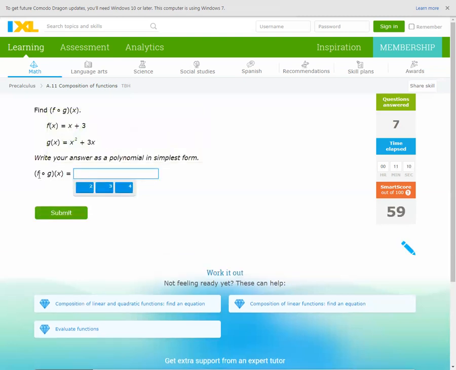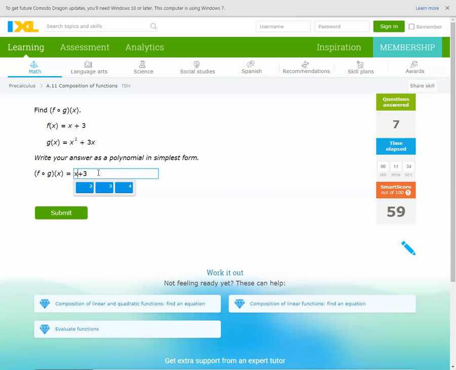New problem, also the same, f circle g. First, writing x plus 3, the rule of f, and then replacing x by g, and then third step, putting the rule of g.